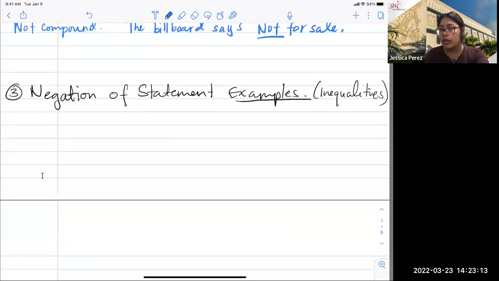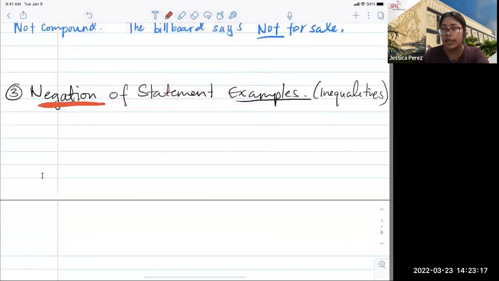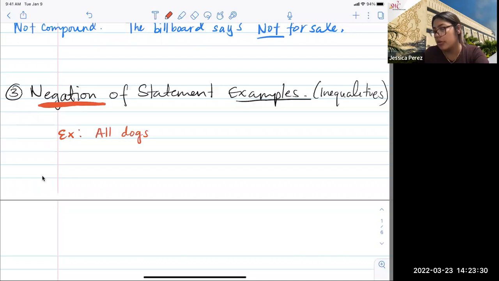What do we mean when we negate a statement? Let me give you an example of how to negate: all dogs are friendly.